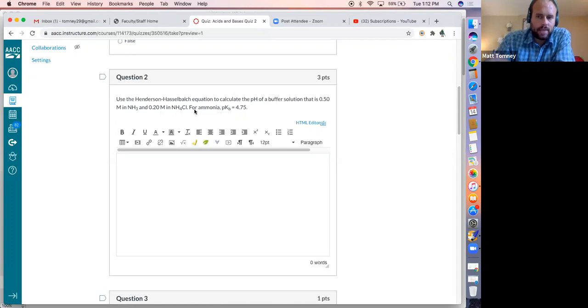So there's two ways that you can solve it. I'm going to show you the way that I intended. I'm not going through any of the ice chart ways, because that is far more complicated than what needs to be done here. But there were a couple people that either got it correct using the pKb, or they were partially correct and they need to understand where they went wrong. So we're going to take a look at both here.